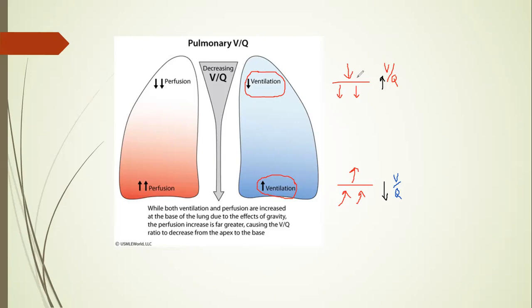So the incoming air has, in this case, a low ventilation, but the blood coming in is even lower. So generally, the numerator is low, but the denominator is lower. When we put them as a ratio, the V will be much higher than the Q. Anybody lost at that point before I go to the next one?